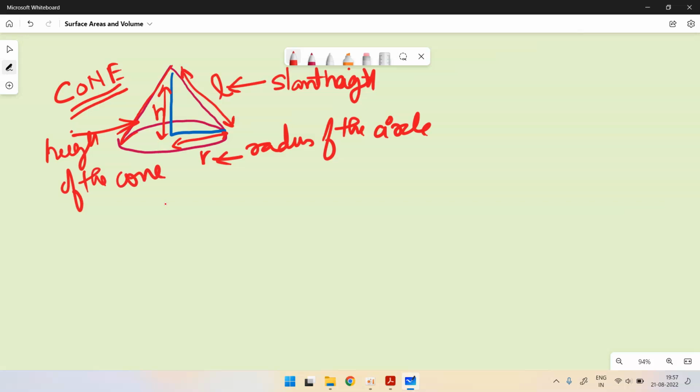Here, I'm considering the first case. I'm considering this as solid. Base is solid. Then curved surface area.